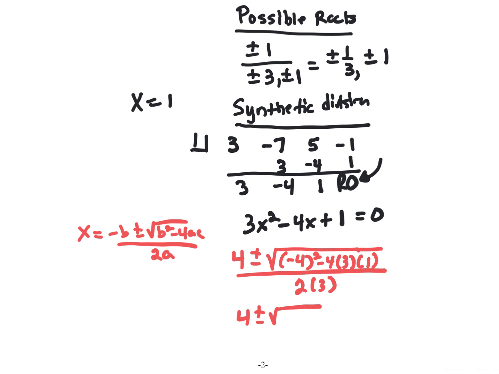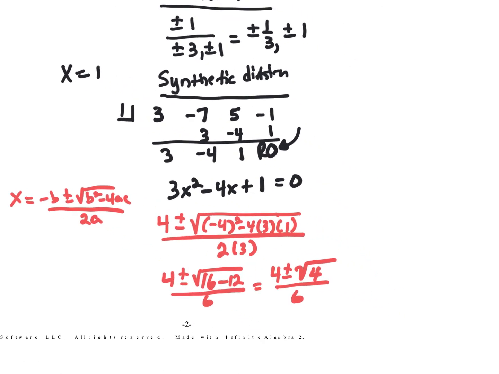So we have 16 minus 12 over 6. 16 minus 12 is 4, and the square root of 4 is 2. So it's 4 plus or minus 2 over 6.